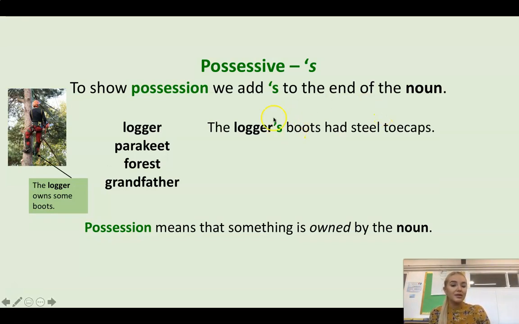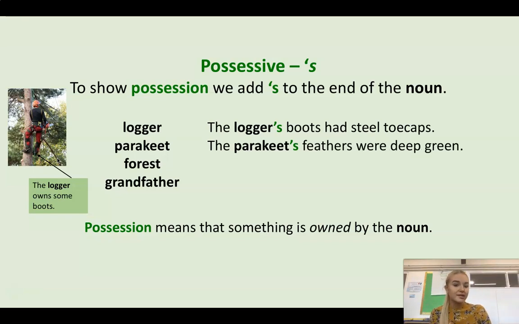And you can see here, because the noun, the logger, owns the boots, we have to add the apostrophe S to show possession. But you can see here in the picture that it's just one logger. There's not any more than one logger, so it's just the one logger's boots. Similarly, we could say the parakeet's feathers were deep green because these feathers belong to the parakeet. There's not any more than one parakeet, there's just one, so we do the apostrophe S.